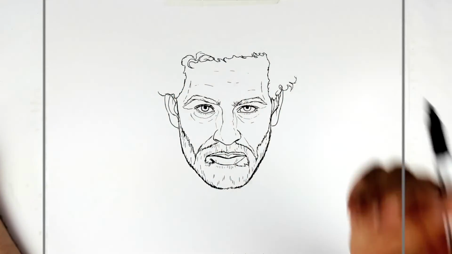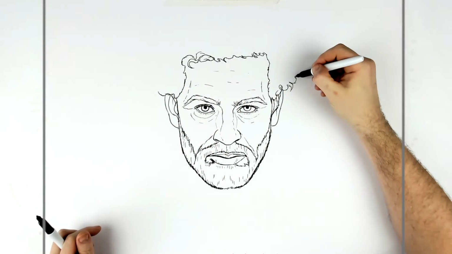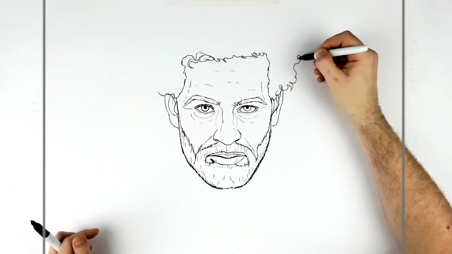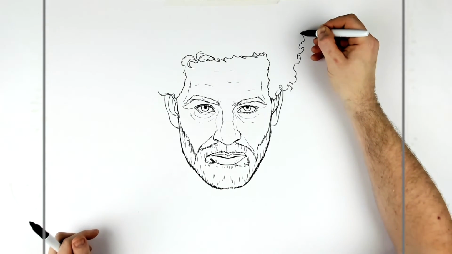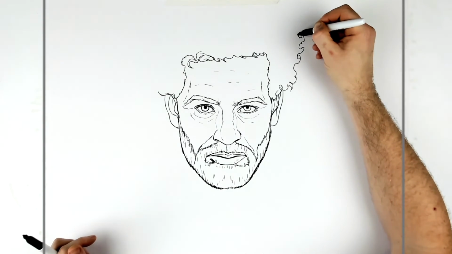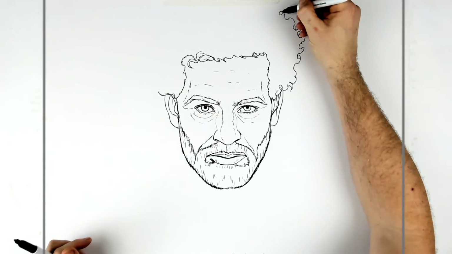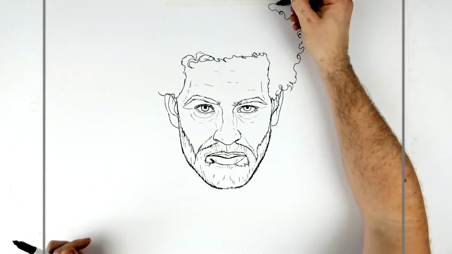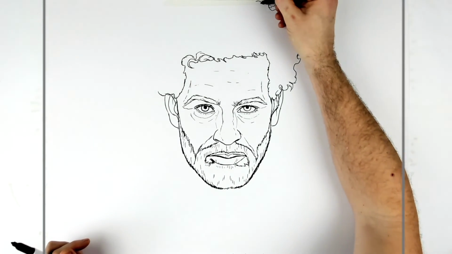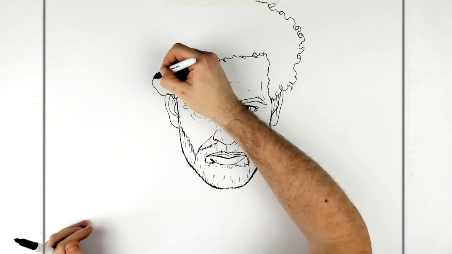Right. And then we've got to do the rest of his hair. So again, really curly. Sometimes curls just sticking out, all the way up and around.